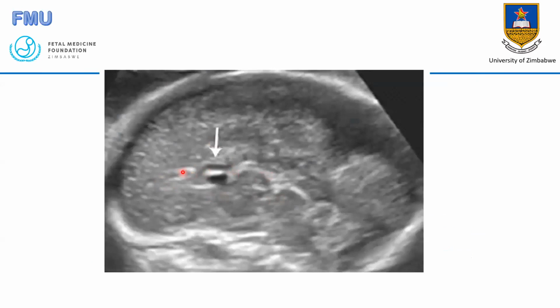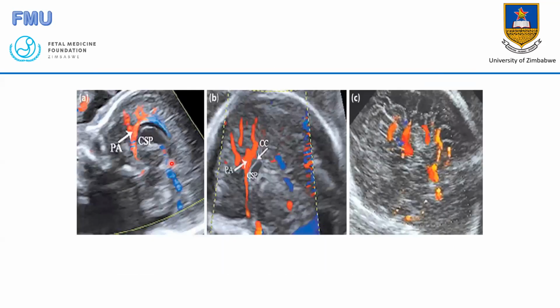So this is a case of partial agenesis, where we are just seeing a little bit of it there, and a small cavum septum pellucidum, which is not quite prominent. So this is a case of just partial. How can you know it's partial? When you put on the colors now, in a case where the corpus callosum is present, we are going to see this artery here.